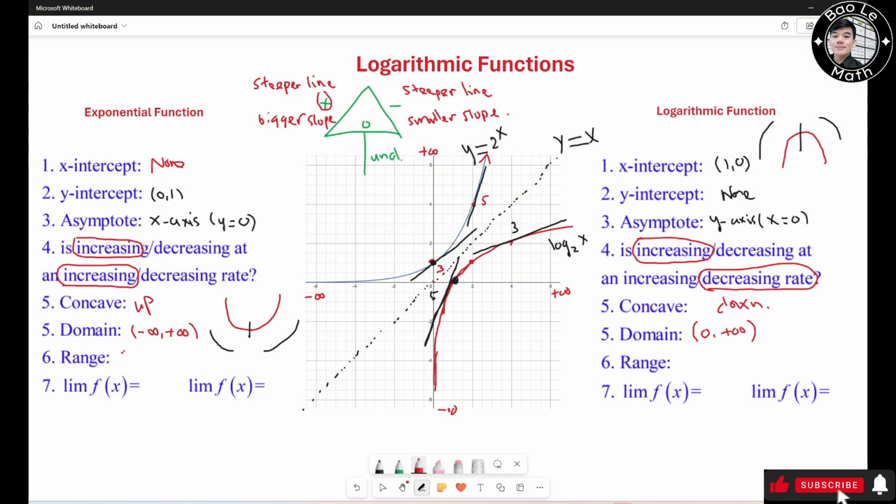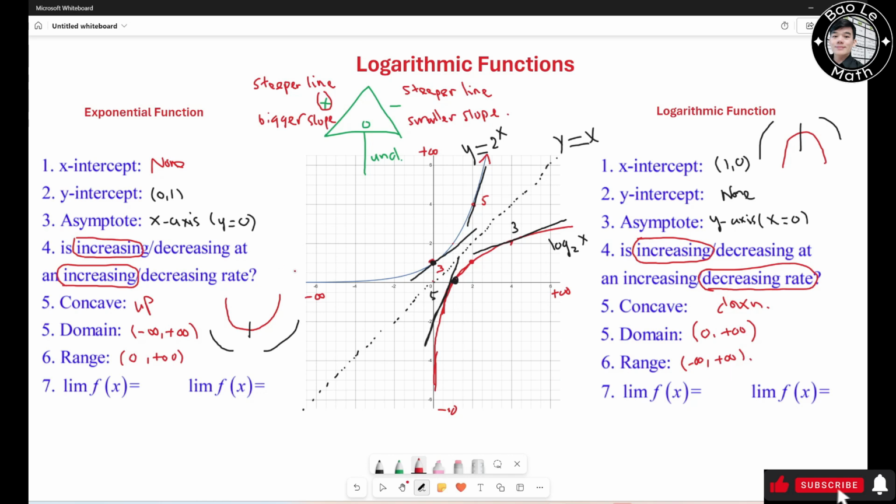All right, so the range should be 0 to positive infinity. Now the range of this one is going to be negative infinity to positive infinity, because the graph keeps going up, right, and going down. So the range should be negative infinity to positive infinity.